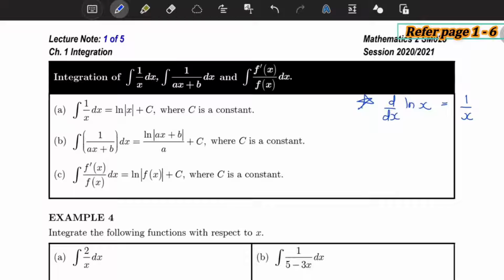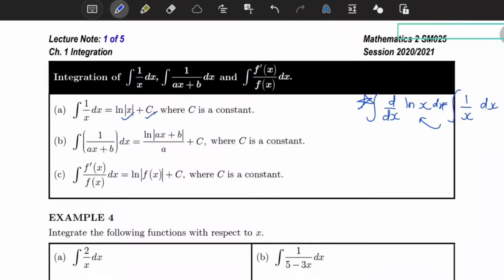And we know that integration is antiderivative. So if we integrate 1 over x dx, the answer will be ln x, the original function. Okay, so integrate 1 over x, the answer is ln x, and plus c. C is a constant.